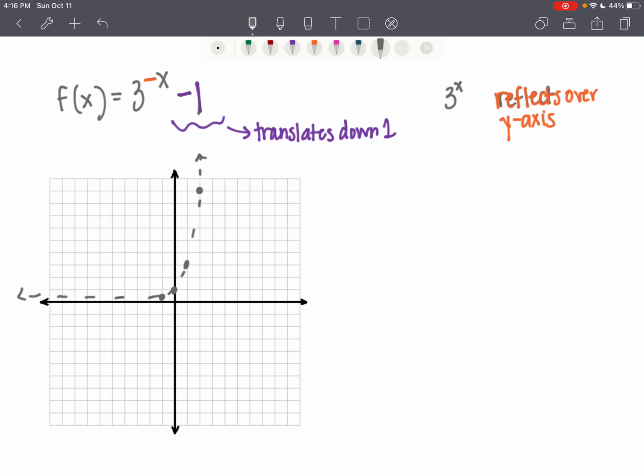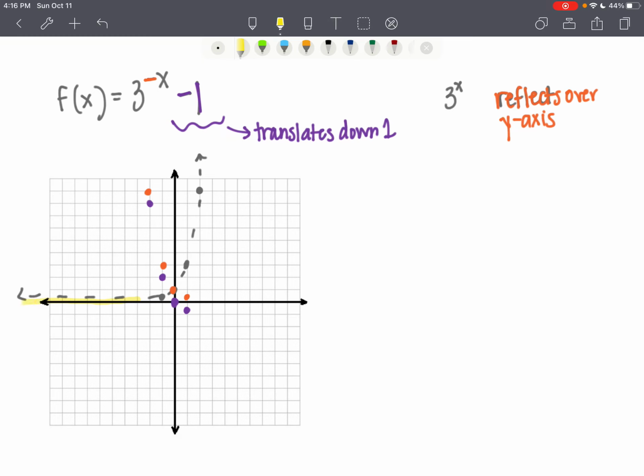We're going to take this and reflect over the y-axis. So we reflect over y, and we get that point. Then we're going to take each one of those points and translate down, translate down, translate down, translate down.